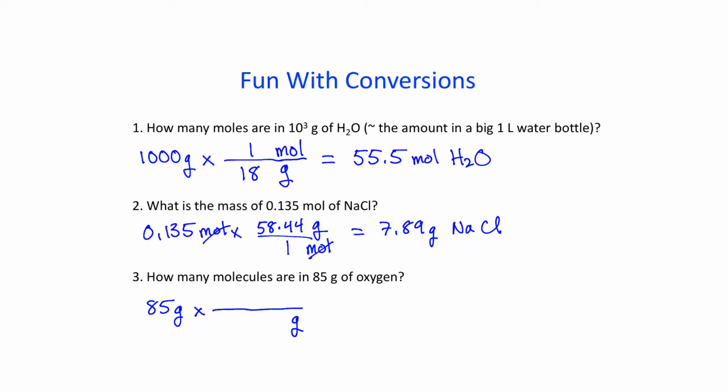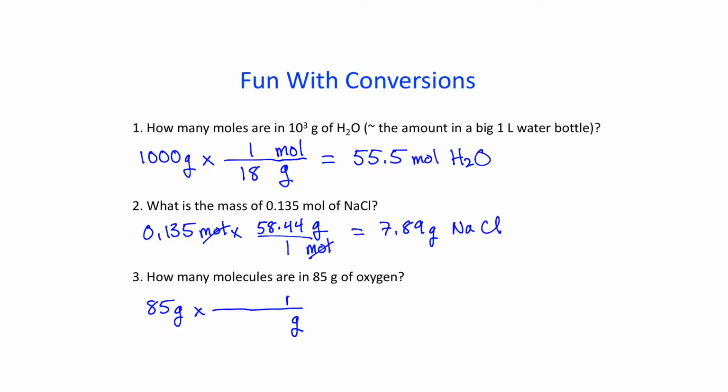Now I think about what kind of unit conversions I have available to me. I don't have anything, like we said, that goes directly from grams to molecules. There's nothing that allows us to do that direct conversion. But what I do have is the ability to go from grams to moles and then moles to molecules. So let's start with our first unit converter, which is our molar mass.